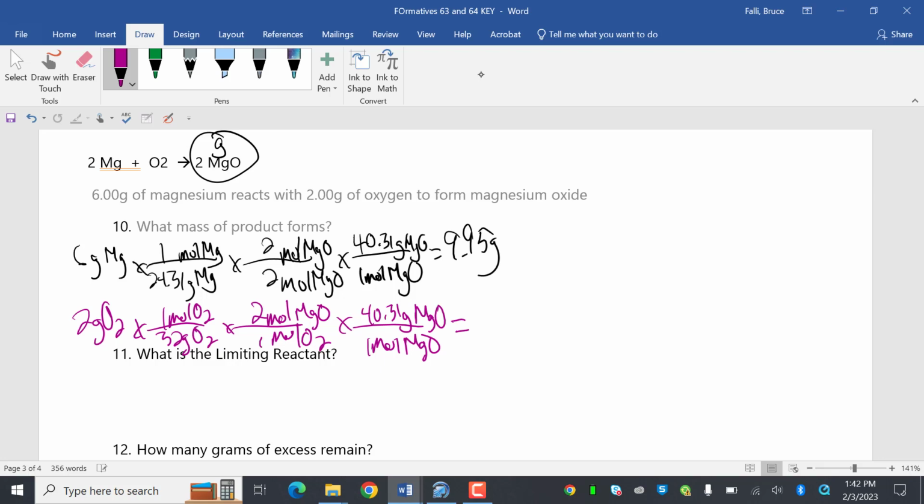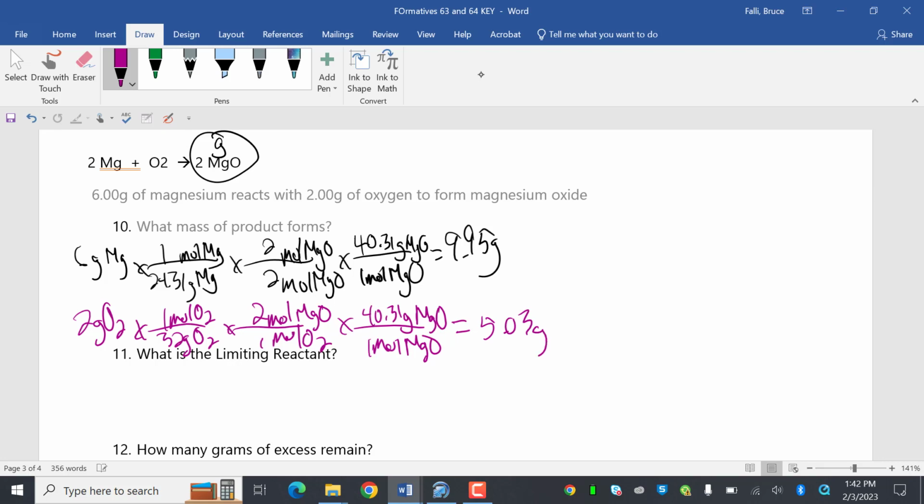Whichever number is smaller is going to be my answer. So 2 divided by 32 times 2 times 40.31 is 5.03. I guess 5.04 grams of MgO is the amount that forms.